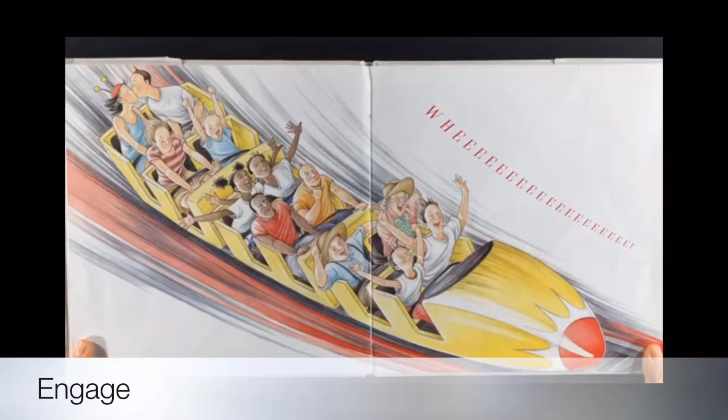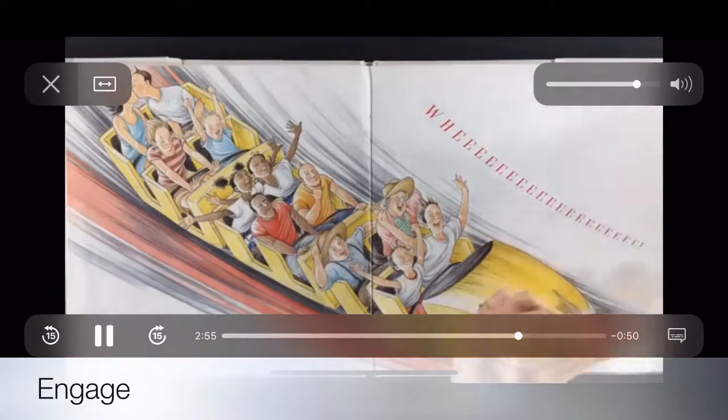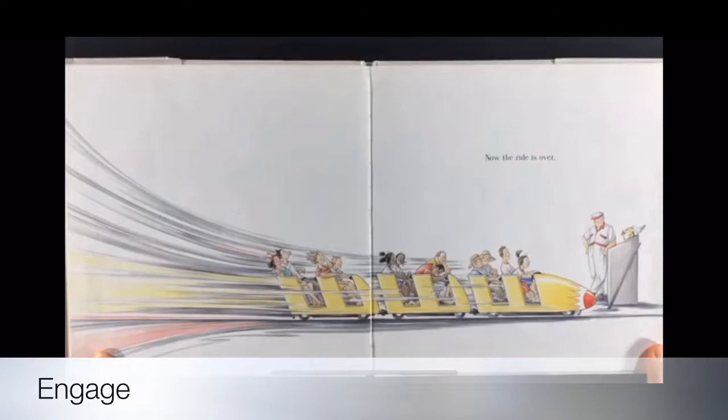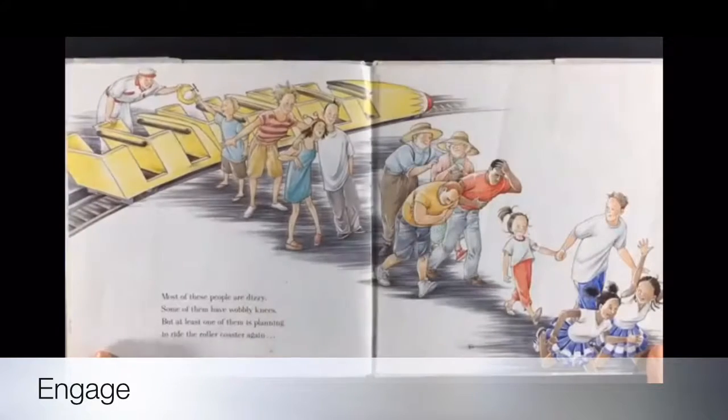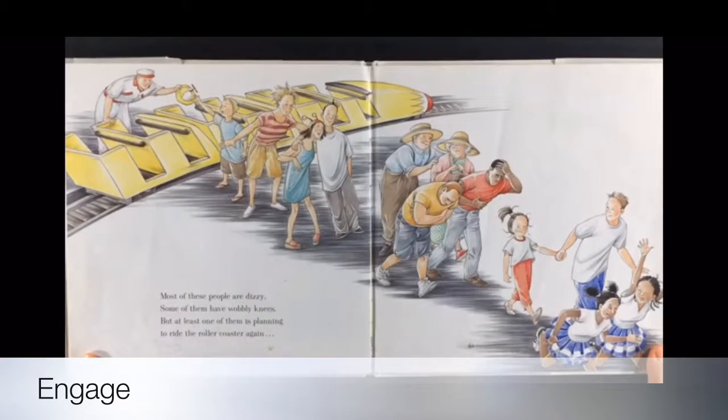Whee! Now the ride is over. Most of these people are dizzy. Some of them have wobbly knees. But at least one of them would like to ride the roller coaster again.